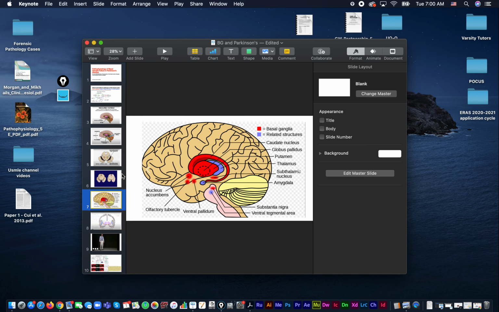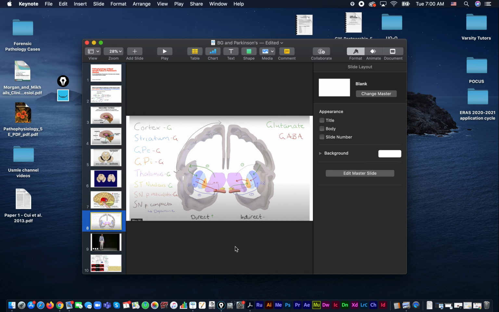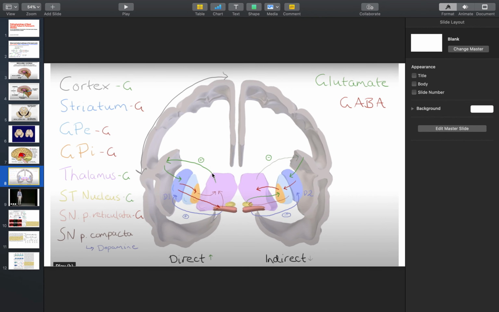And so this is what I call the goat of the direct and indirect pathways. So both pathways, remember, whether or not it's GABA inhibitory or glutamate excitatory, are going to increase movement, right?